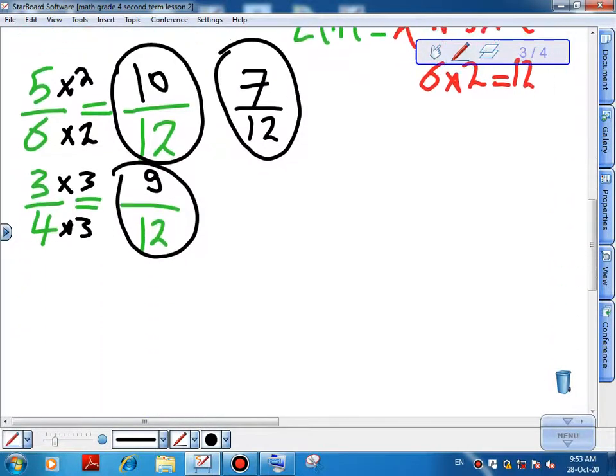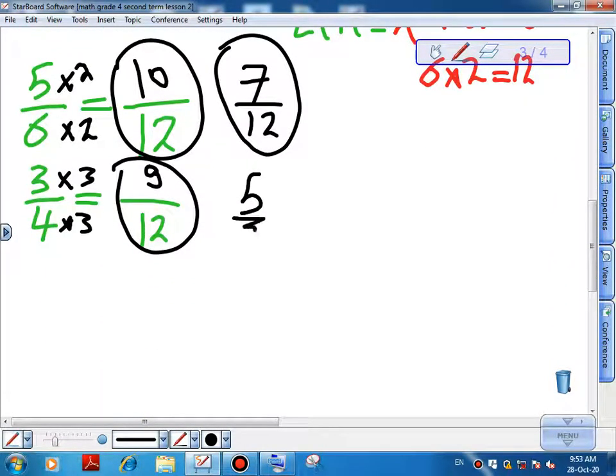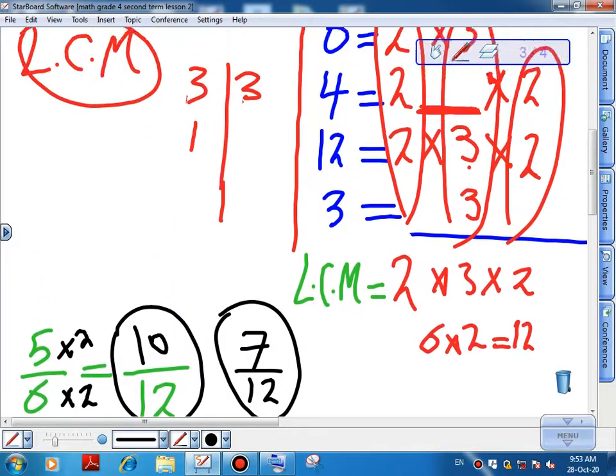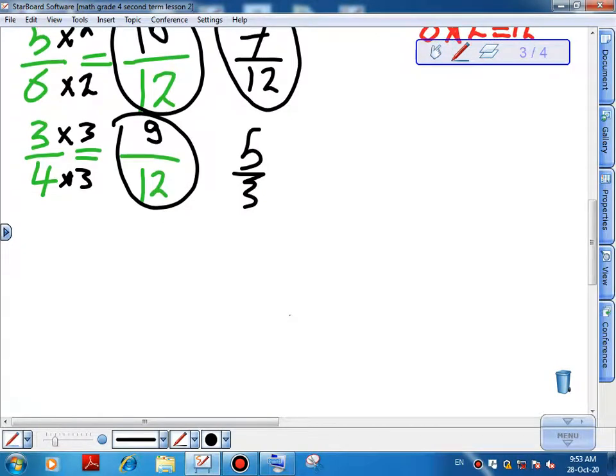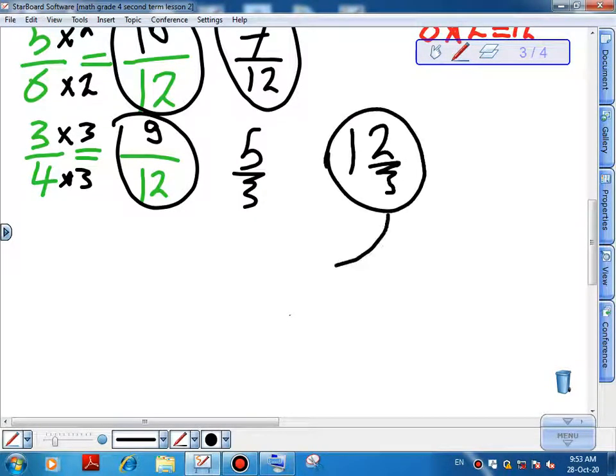And the last one, 5 over 3. We can convert it to 1 and 2 over 3. We must compare this fraction to the other fractions. It's very important, we must first convert this mixed number to be an improper fraction, 5 over 3.